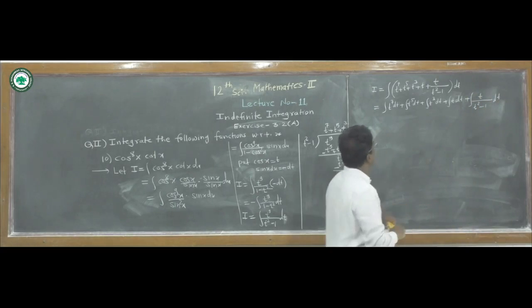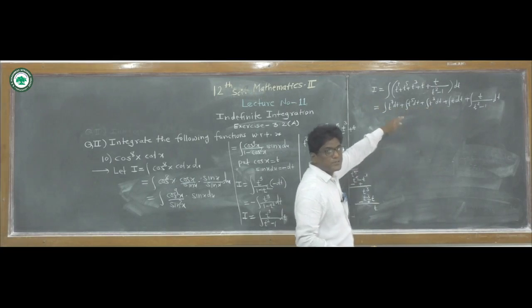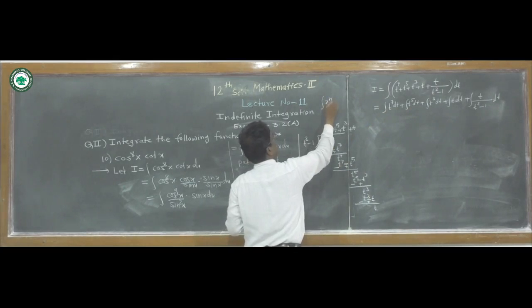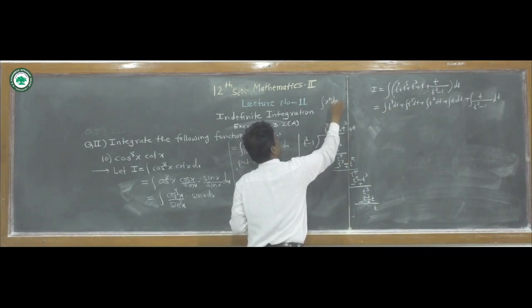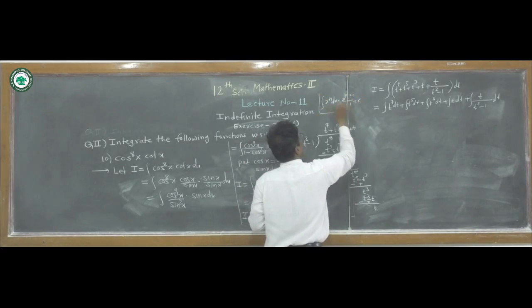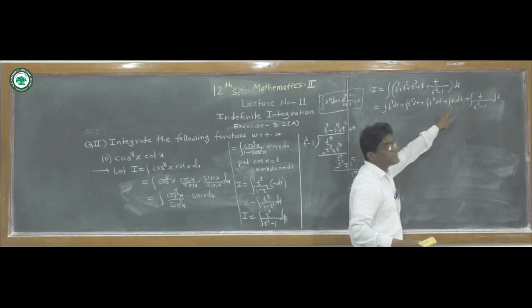Now these are simple integrations using the power function, that is the integration of x to the power n dx is equal to x to the power n plus 1 upon n plus 1 plus the constant of integration. We use this formula to solve these integrations.